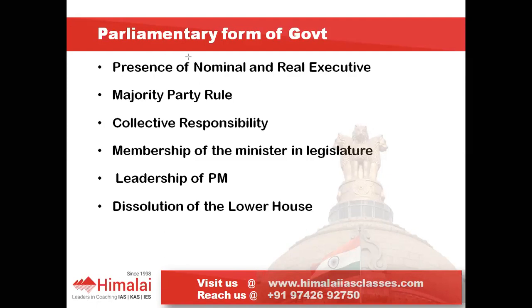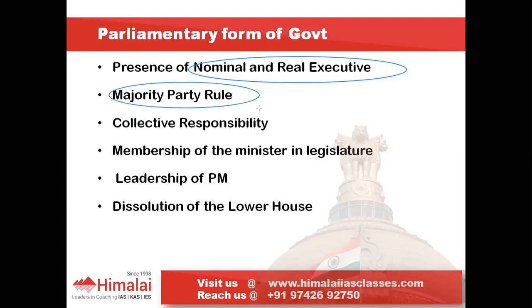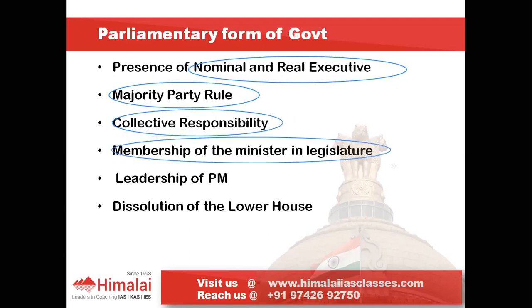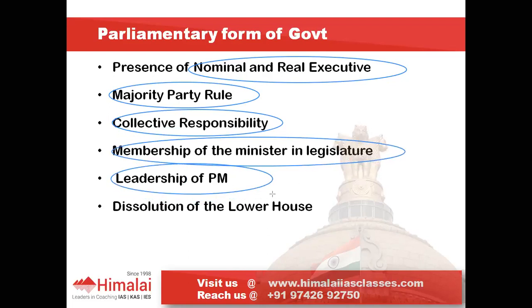This is the presence of a nominal and a real executive. The nominal executive is the one in whose name all actions are taken, but the real power lies with somebody else. In India, this is the case with the president and prime minister. Then majority party rule, collective responsibility of the council of ministers or the executive to the legislature, membership of the ministers in the legislature itself, leadership of the prime minister, and dissolution of the lower house.